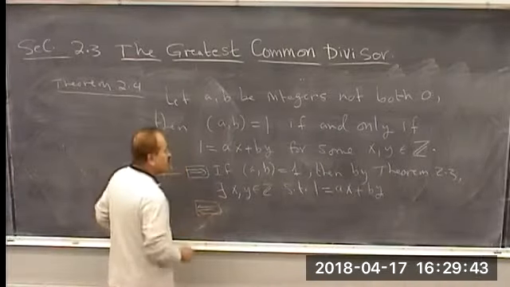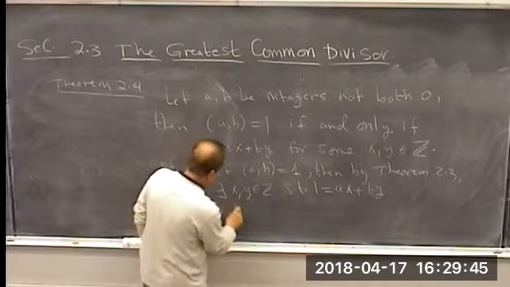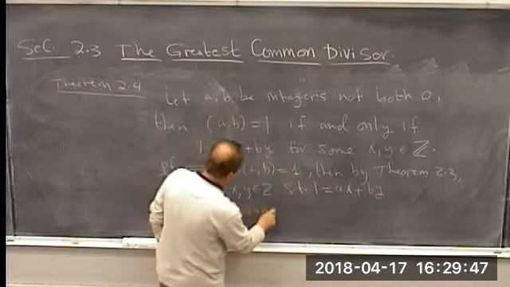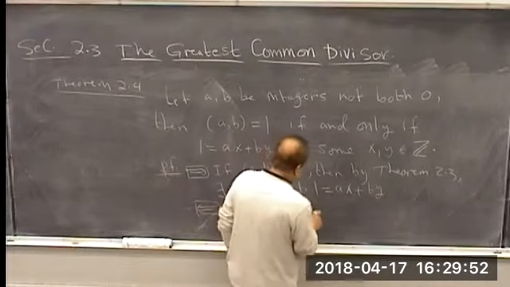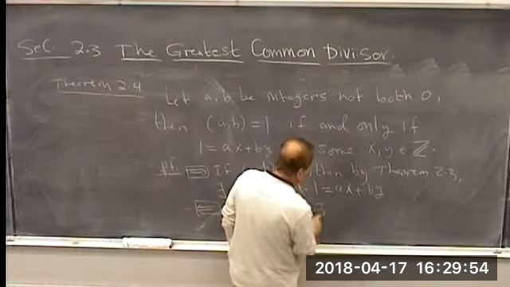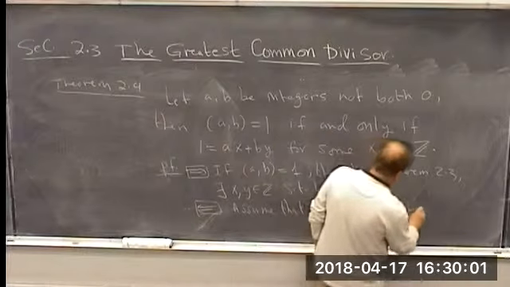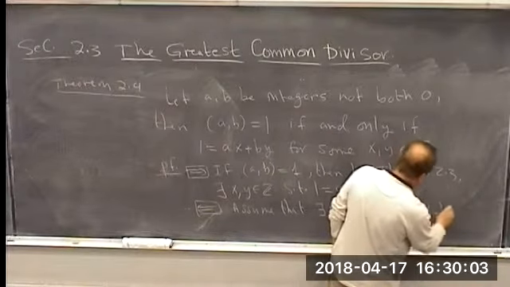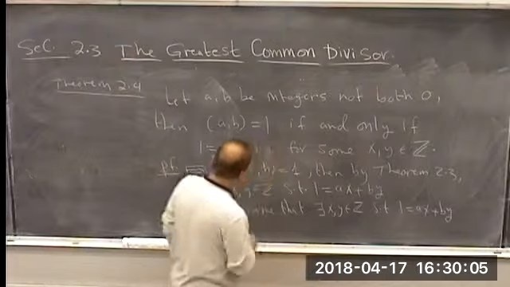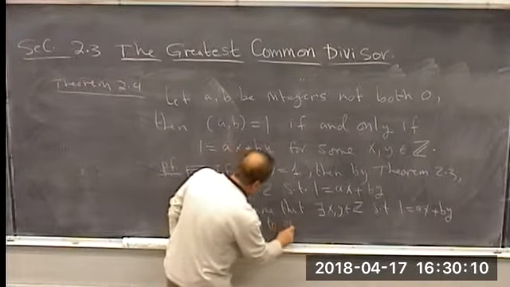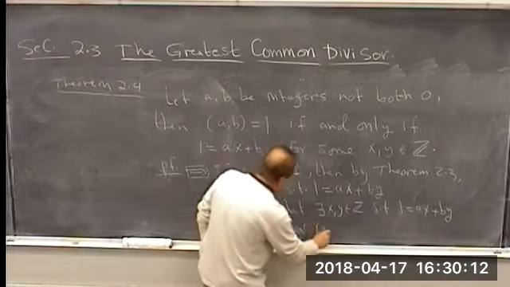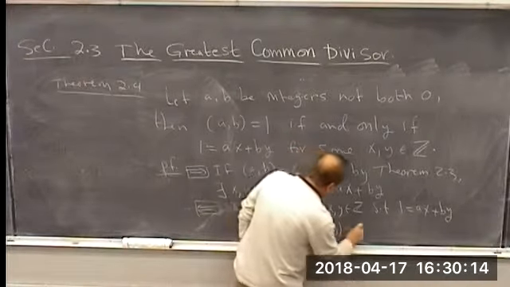So this time we're going to assume that there exist X, Y in Z such that 1 is equal to AX plus BY. And you need to show the greatest common divisor of A, B is equal to 1.